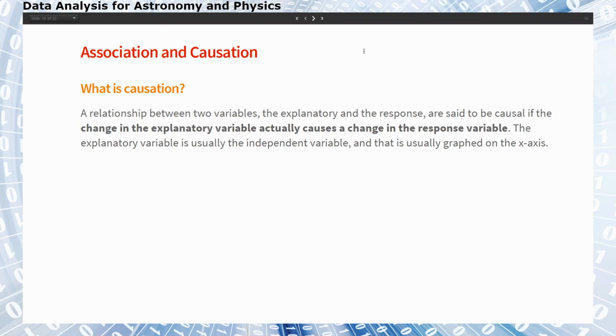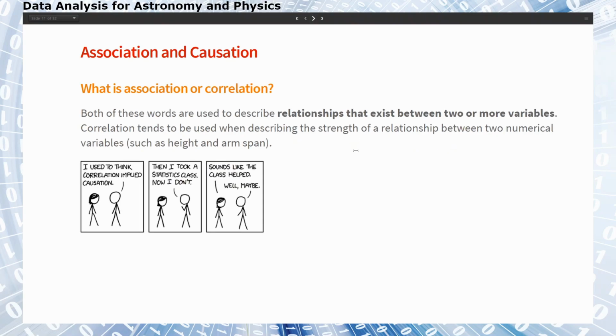These two variables, the explanatory and the response variable, are said to be causal if the change in the explanatory variable actually causes a change in the response variable. And here the explanatory variable is usually shown on the x-axis, and it's the independent variable, while the response variable is the dependent variable, usually shown on the y-axis.